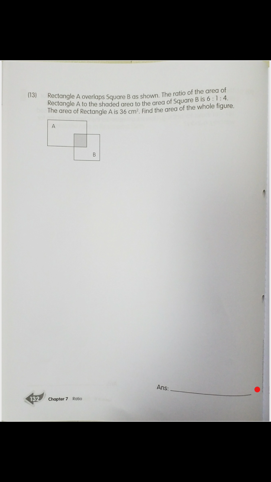Okay, finally we got to the last problem. Interesting, like we need to work with areas here. Rectangle A overlaps with square B as shown. The ratio of the area of rectangle A to the shaded area to the area of square B is 6 to 1 to 4. The area of rectangle A is 36 square centimeters.